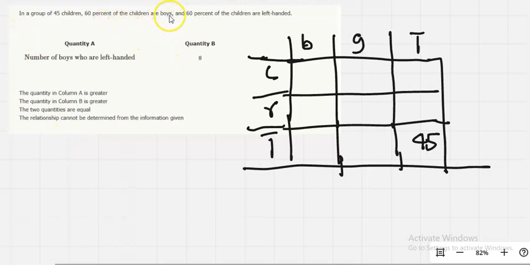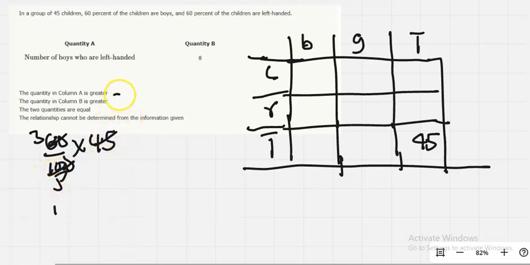60% of the children are boys, so 60% of 45, that is 60% times 45. This cancels with 2 here is 3, 2 here is 5, 5 here is 1, this is 9. 3 times 9 is 27, so the total number of boys is 27. 60% of the children are left-handed, so this will also be 27.